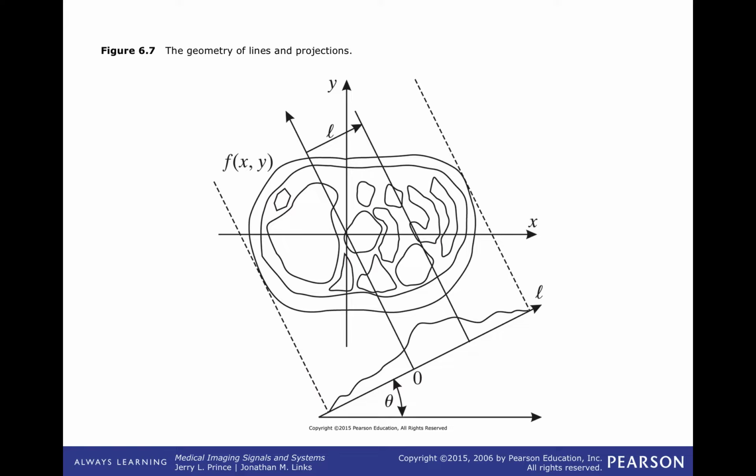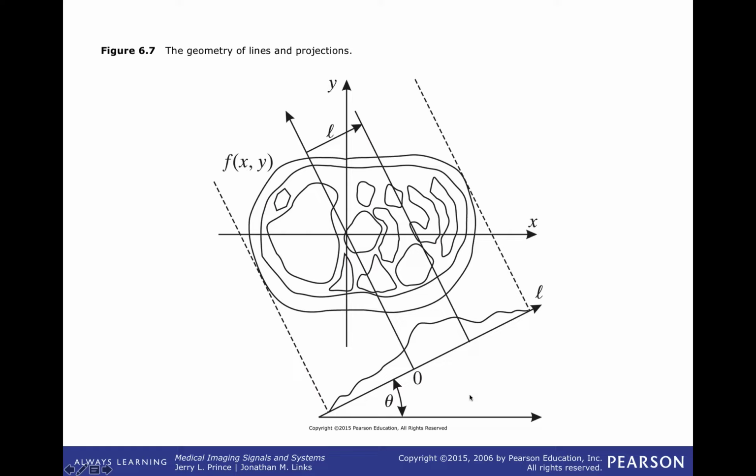So this is in Prince's book. Let's set up the coordinates for doing CT reconstruction. And this is straight out of their book. They have a function, which is going to turn out to be the linear attenuation coefficient as a function of position. And it's our patient.